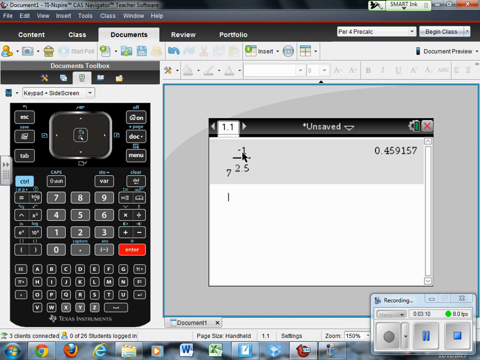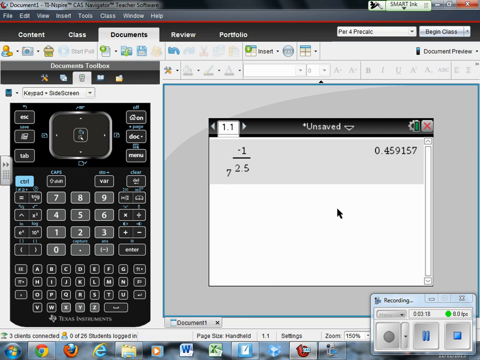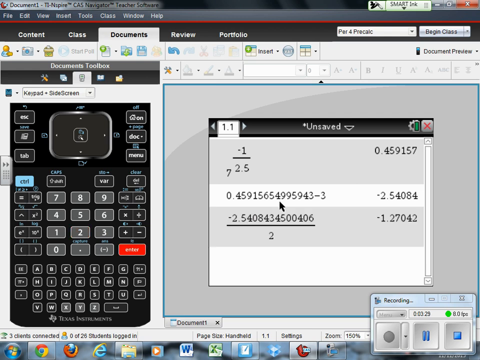So we get this number here, and when we're solving this equation, we're going to subtract 3 from that and then divide by 2. So that number minus 3 and divided by 2. Okay, so there's my answer, negative 1.27042.